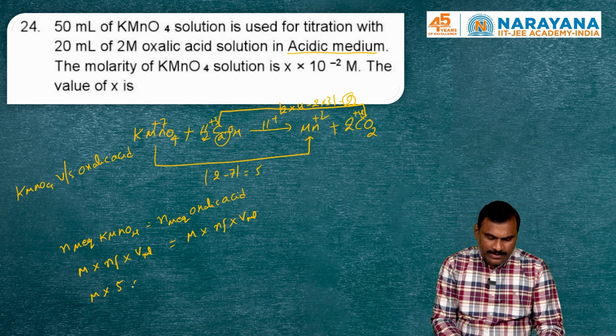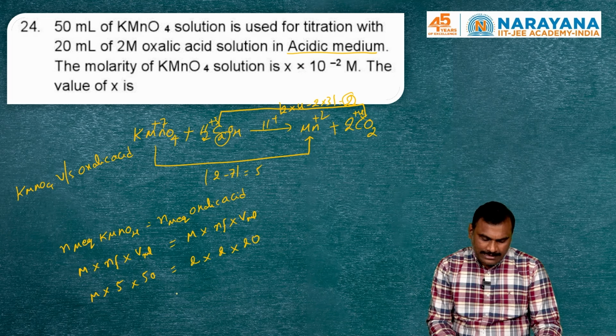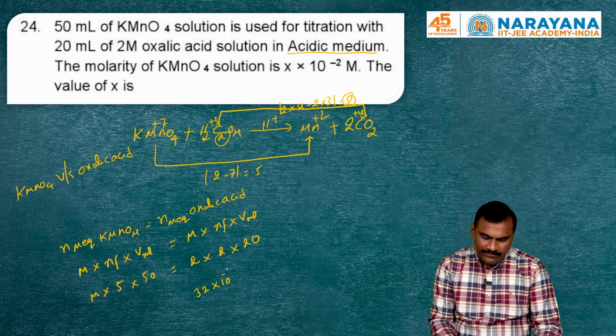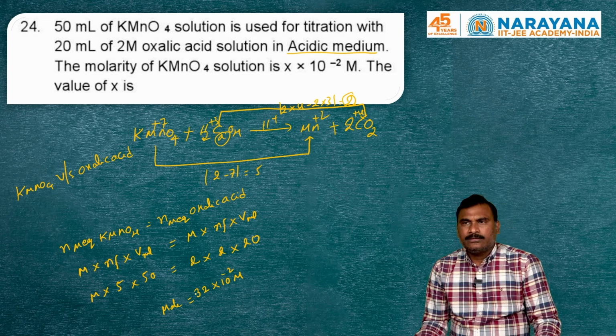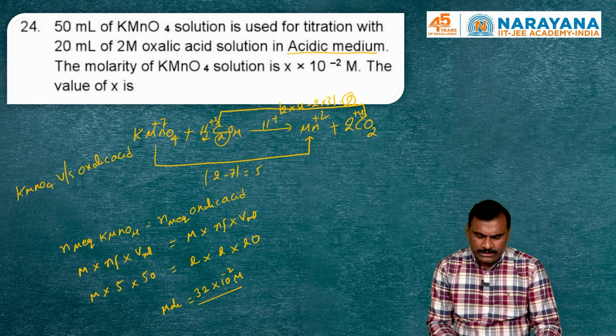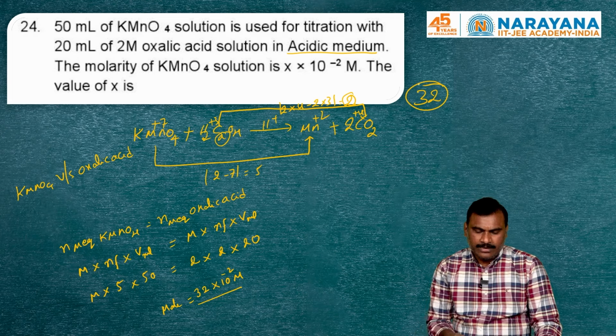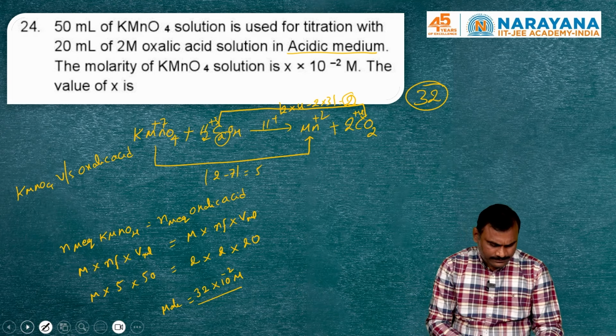N factor is 5, volume is 50 ml; molarity of oxalic acid is given, n factor is 2, and volume is 20 ml. After calculating, I got the answer 32 into 10 to the power of minus 2 molarity, that is 0.32, which is 8 by 25, that is nothing but 32 into 10 power minus 5. Therefore the answer should be 32. This is the way we have to go for that.